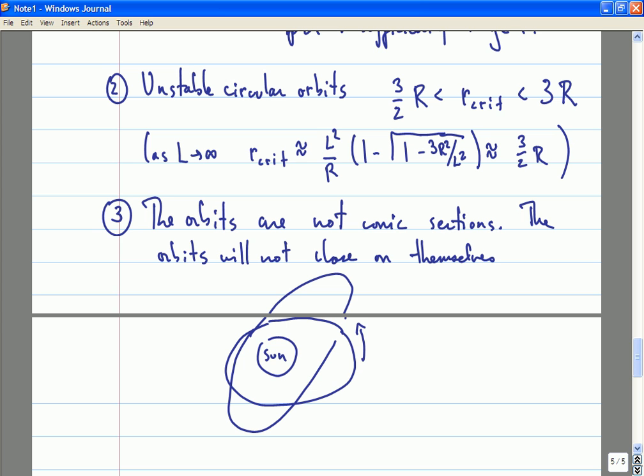And indeed, the precession of the orbit of Mercury had been observed many, many decades before the advent of general relativity. And the first success of general relativity was the description of the precession of the orbit of Mercury.